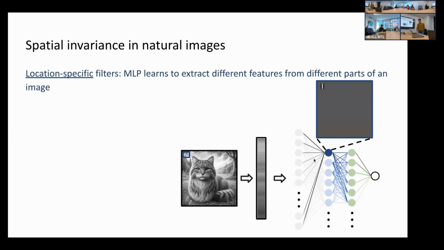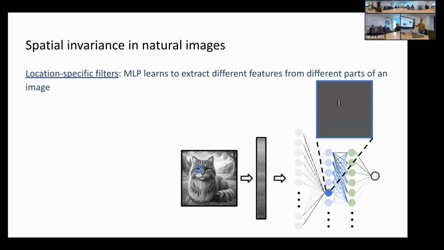So assume that this has become, throughout training, a feature detector for a vertical edge at the top left corner of your image. Now, if you look at another unit in the network, it is the same feature detector, but only for somewhere around the center of the image. So you see the redundancy, right? It has been learning feature detectors for every location on this image. This is very redundant.